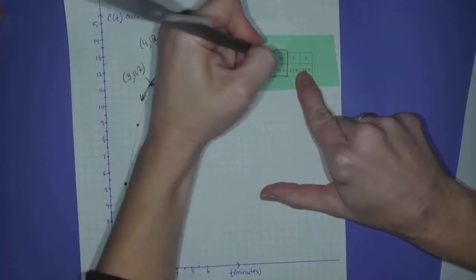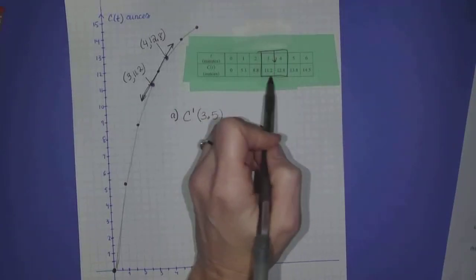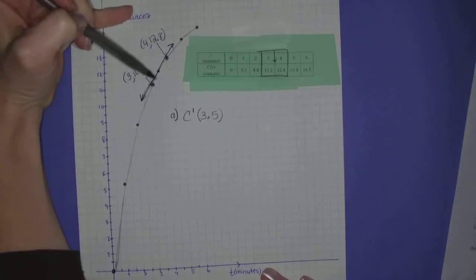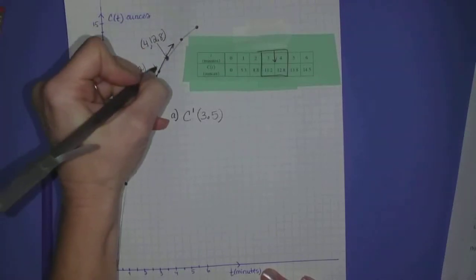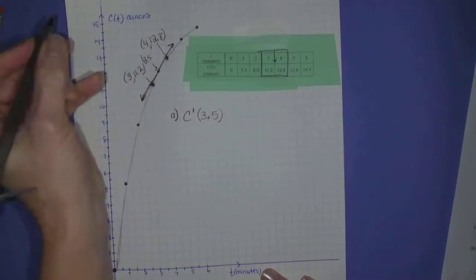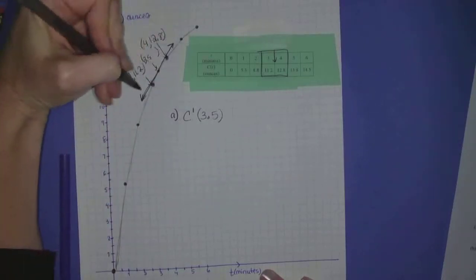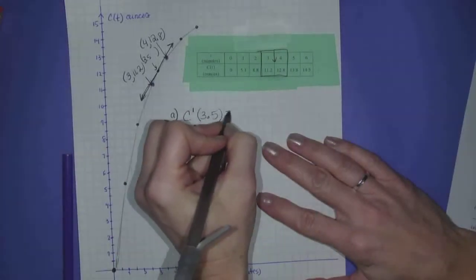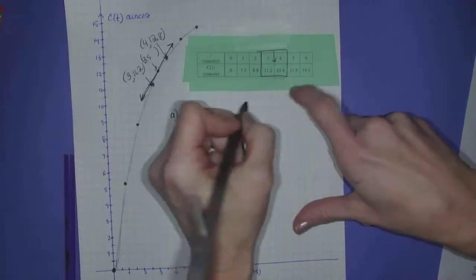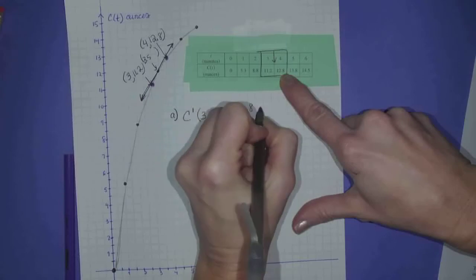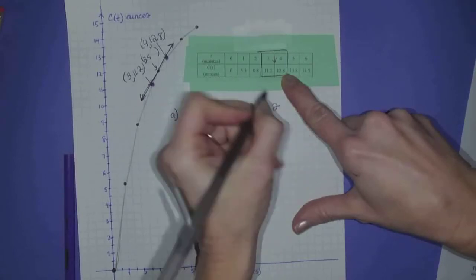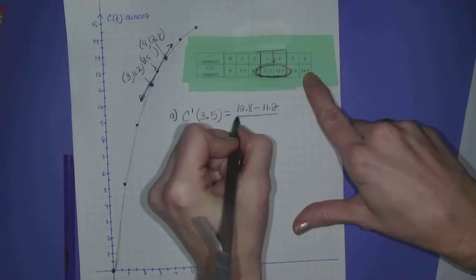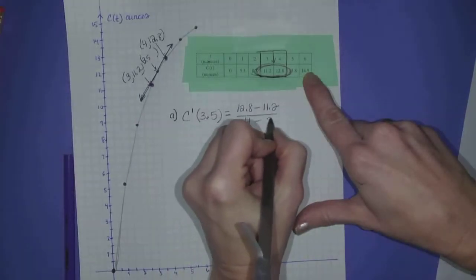So if I want to find the approximate slope at 3.5, I can just use the slope between the 2 points kind of sandwiching this point right here at 3.5. I can get the slope there if I just find the slope. So C prime of 3.5 is going to be the 12.8 minus the 11.2, that's the change in these y's between 3 and 4, divided by 4 minus 3.